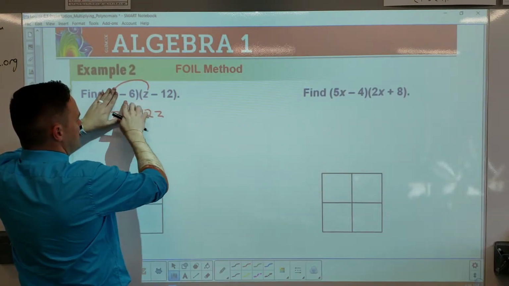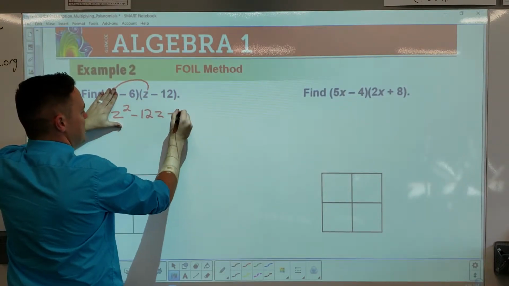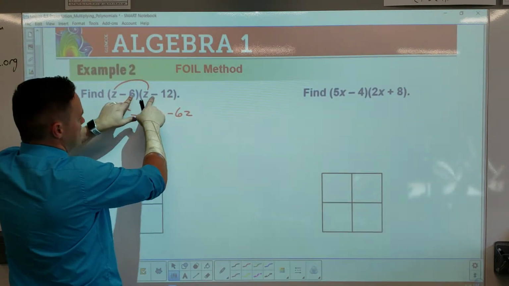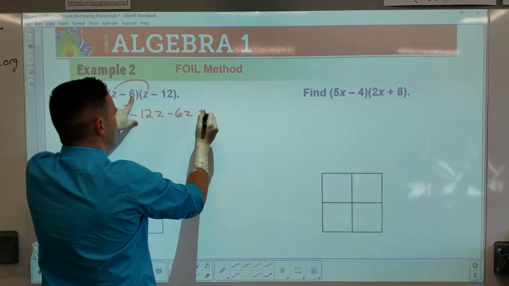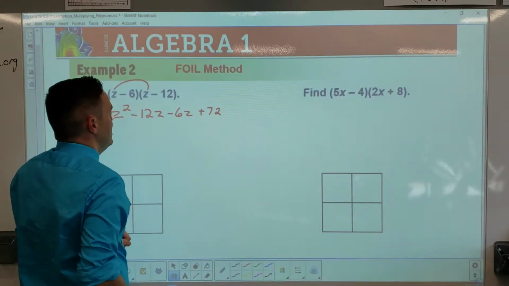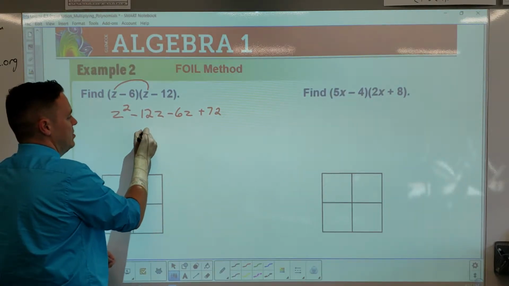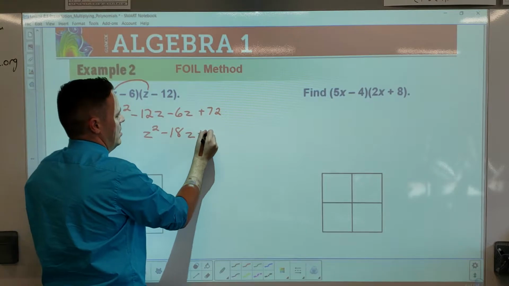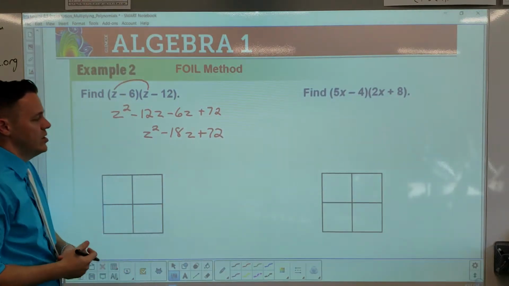Then it's the inner terms, negative 6 times z, so it's negative 6z. And then a negative and a negative is going to be a positive, but it's 6 times 12, which is 72. Okay? Then you can combine the terms in the middle. And there you go. There's your setup.